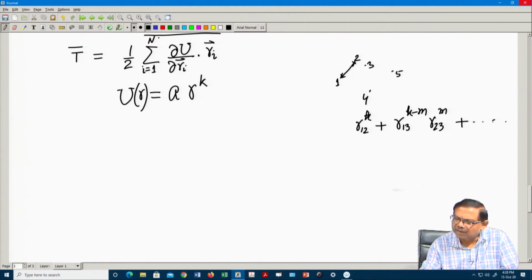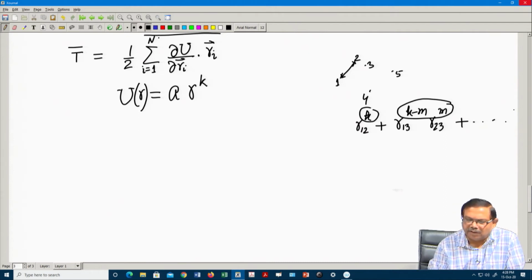There may be various kinds of terms which may involve position coordinates or distance between two particles, but if you add their degrees, they are homogeneous functions of kth degree. So, that is what I am assuming here.